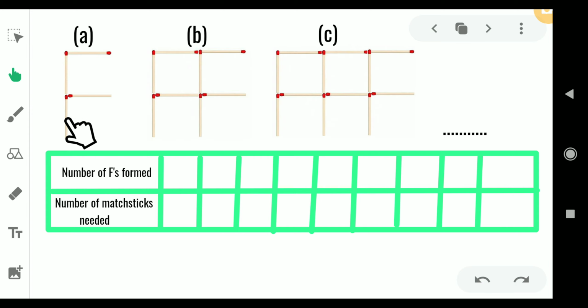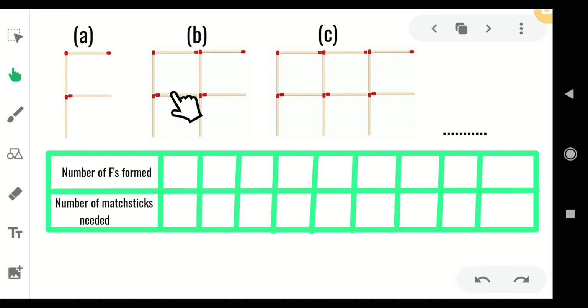And for making this English letter F, how many matchsticks have I used? See here, 1, 2, 3, 4. So for making the English letter F, I have used 4 matchsticks. Let us move on to the next situation. Here we got 2 F's, right?